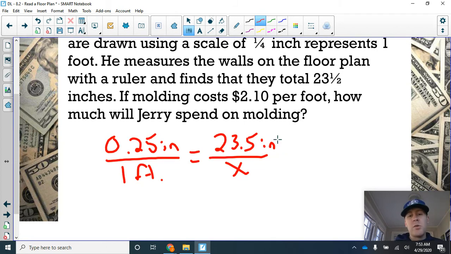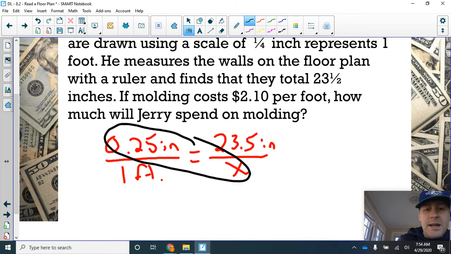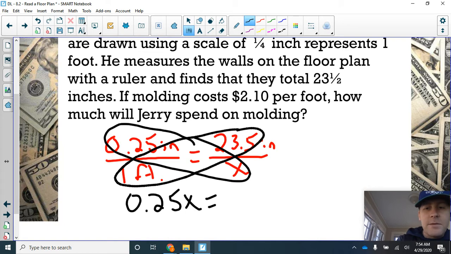Now we're going to solve this by cross multiplying, which goes diagonally across our equation. I first multiply 0.25 times x, which is just 0.25x, and that's going to equal 23.5 times 1, which is just 23.5.